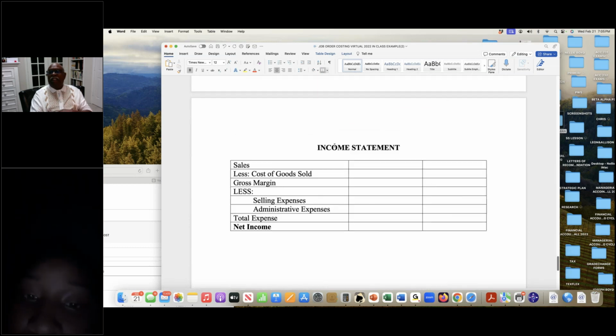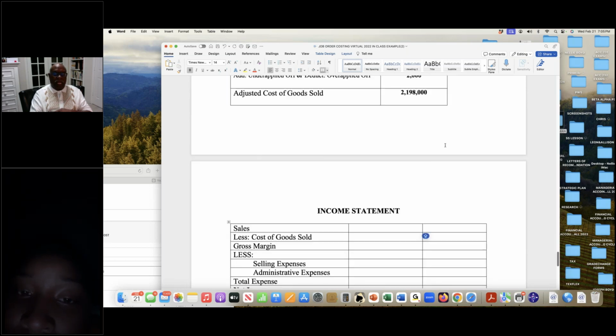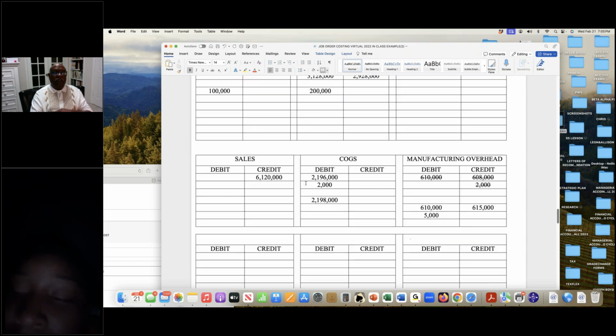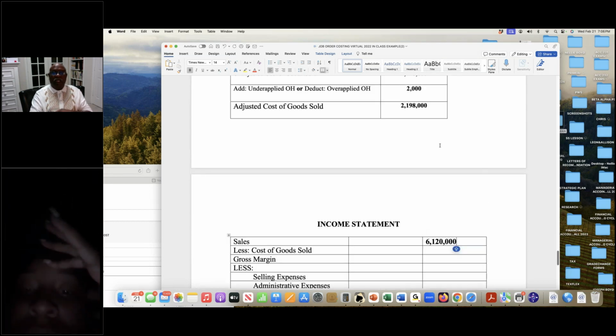And so we can do this income statement and we'll be done. Our sales were what? You could put it in the T accounts here, but here it is, 6,120,000. So we're gonna put 6,120,000 here. We're gonna subtract this adjusted cost of goods sold.